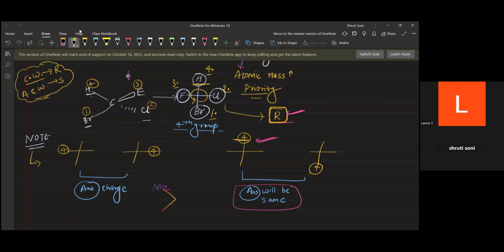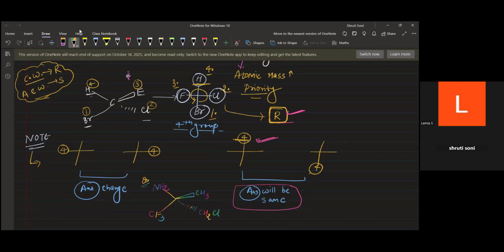Are you able to see the question? Yeah. NH2, CF3. This is CH3. And here it's CH2Cl.